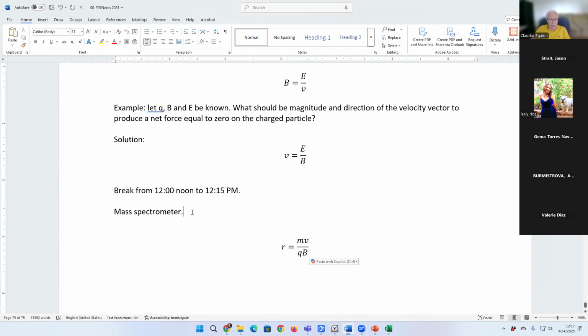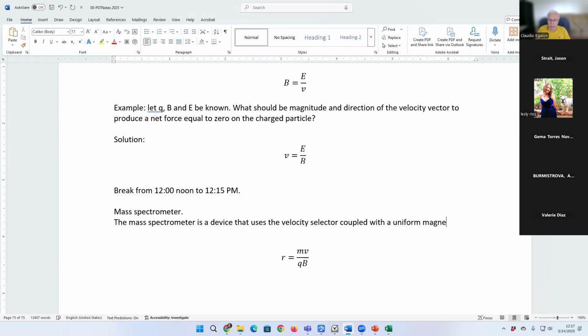So the mass spectrometer is a device that uses the velocity selector coupled with a uniform magnetic field outside the region of electric and magnetic fields, okay?